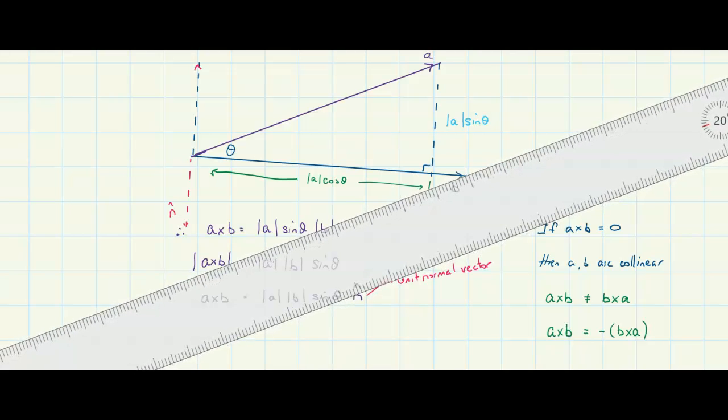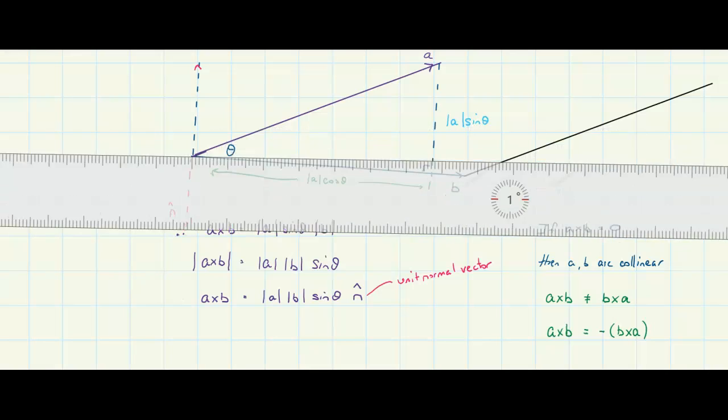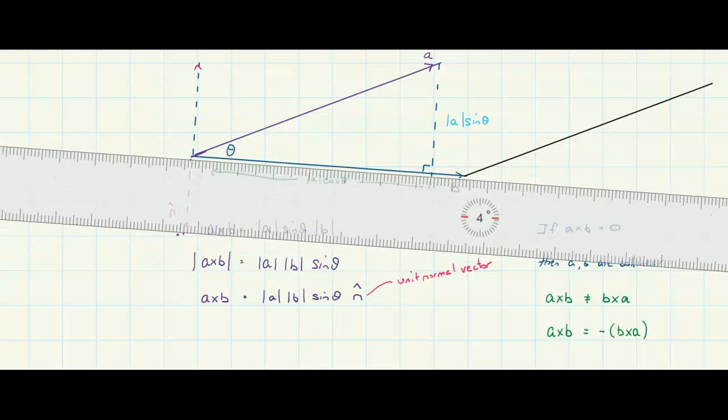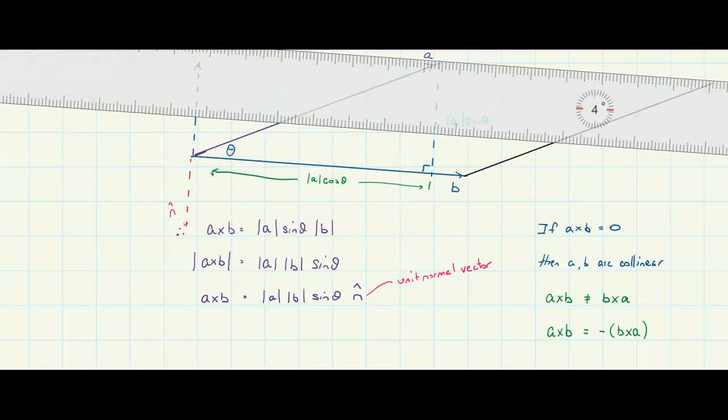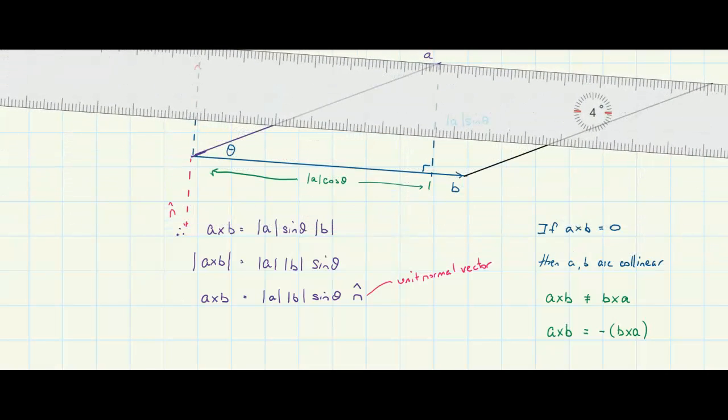Sorry, there we are. If I just reproduce my A vector there, I think that's about the right length, and do the same over here for my B vector. Haven't done too badly there.